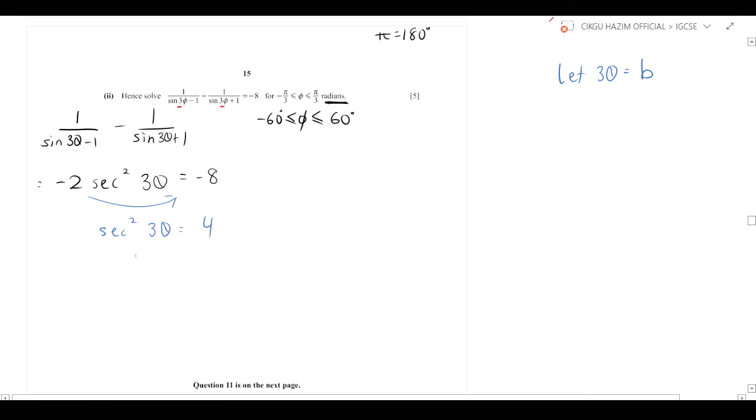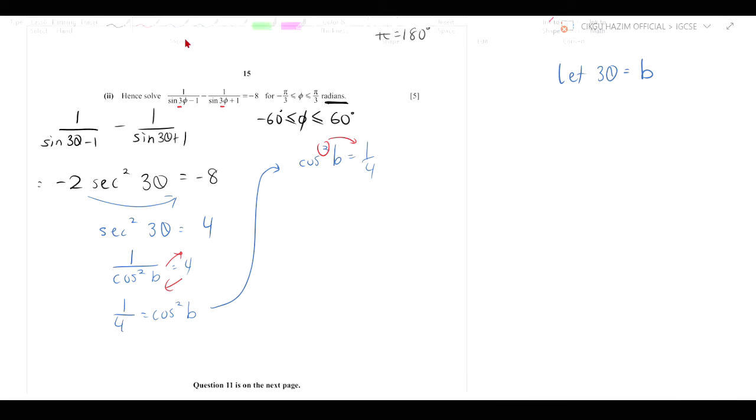I make it as 1 over cos square b equal to 4. I move 4 to the left side, cos square to the right side. It's still going to be 1 over 4 equal to cos square b. It's the same thing as cos square b equal to 1 over 4. So the square, move it to the right side, then it becomes square root.